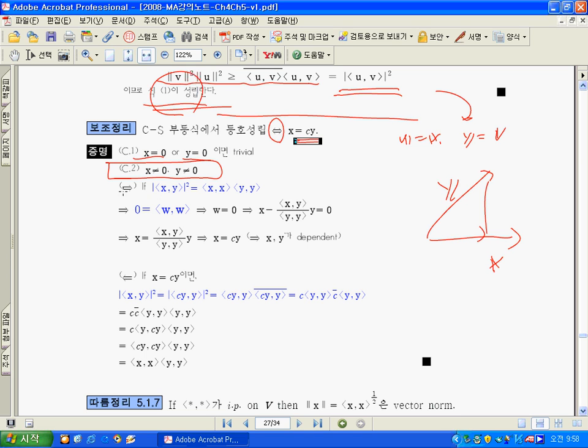Then one direction and the other direction here. First, the square of the absolute value, the modulus of the inner product of X and Y, can be written in this way, and we have this.